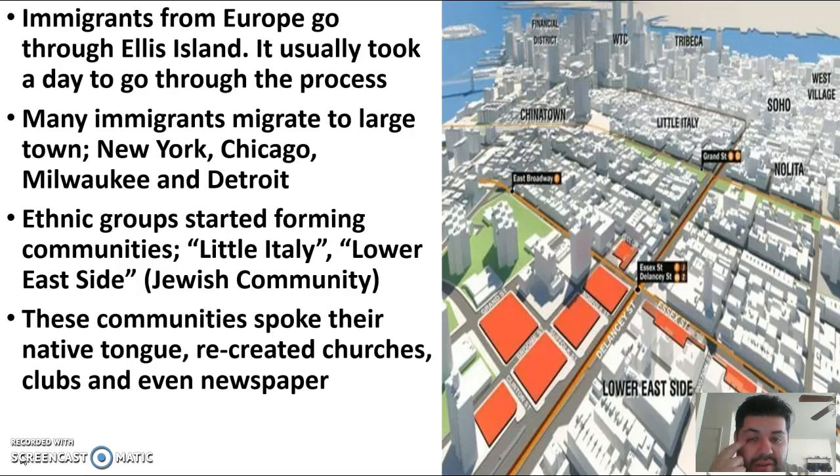So a lot of immigrants migrated to large towns: New York, Chicago, Milwaukee, Detroit. And instead of just all these immigrants coming together in one place, they actually started forming little cultural communities.